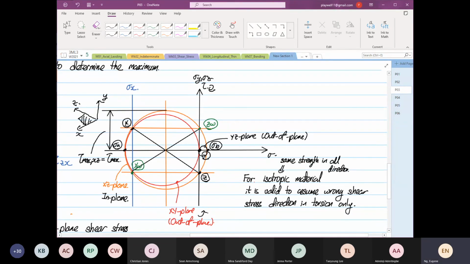If you have shear force, it's very dangerous. I don't have time to show you why, but you can't do it when there's a shear force. It's very risky. So for isotropic, it's okay.